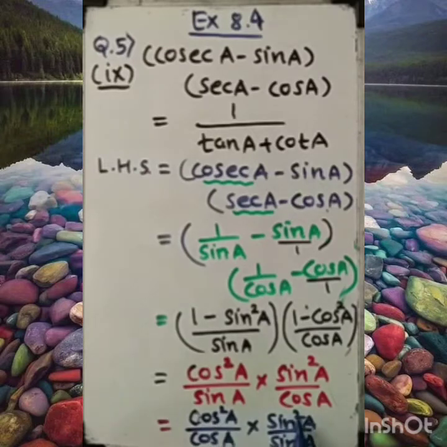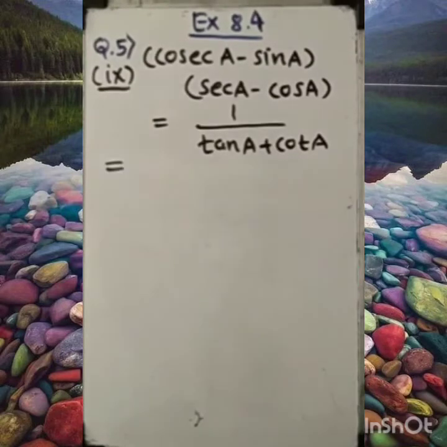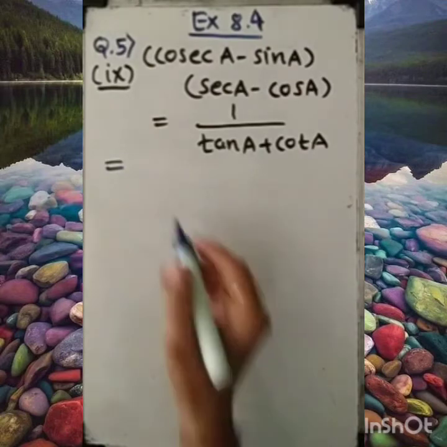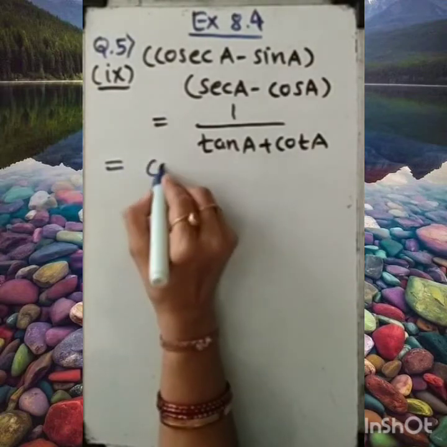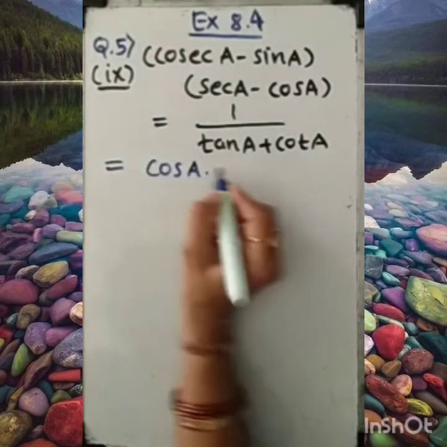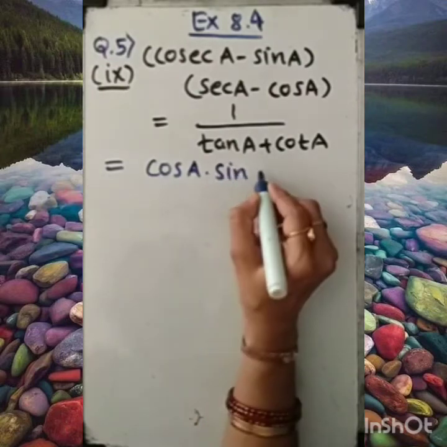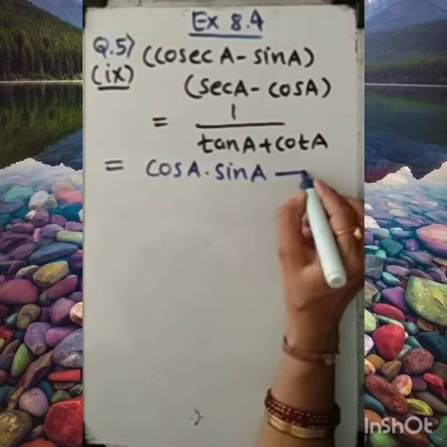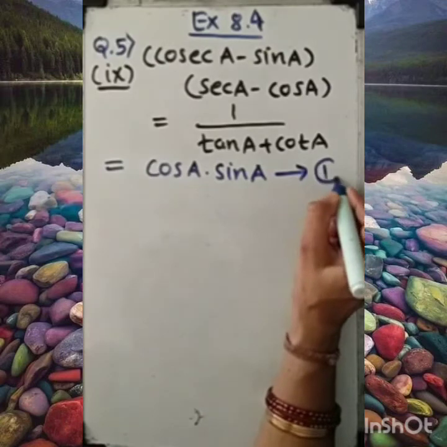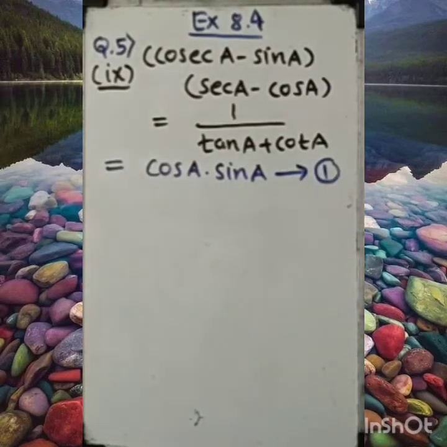This side also. So what do we have as a result? Only cos A and sin A will be left in the numerator. Let me call this part 1, result number 1. This is the LHS portion.